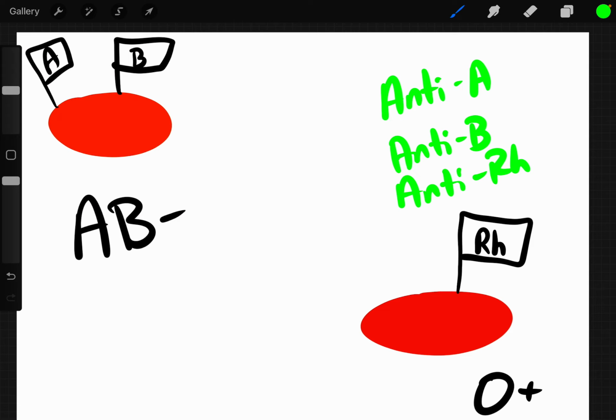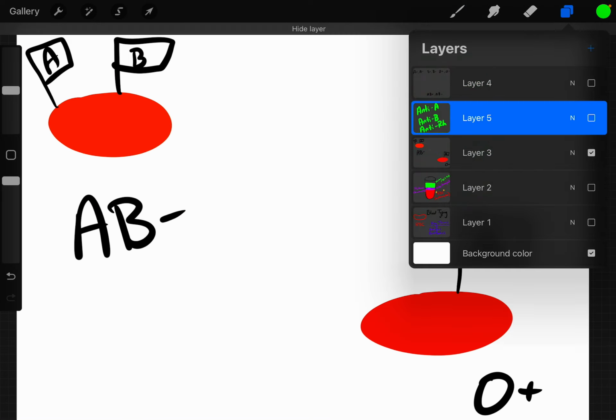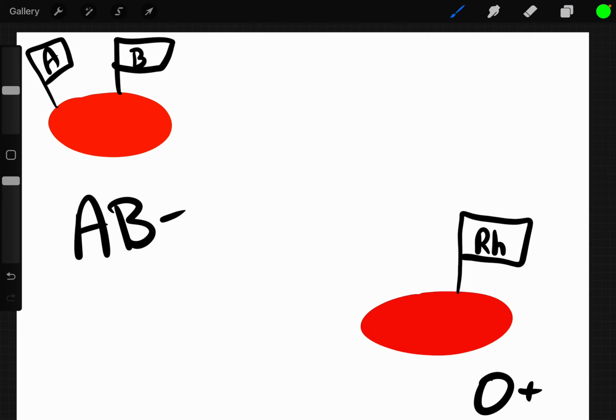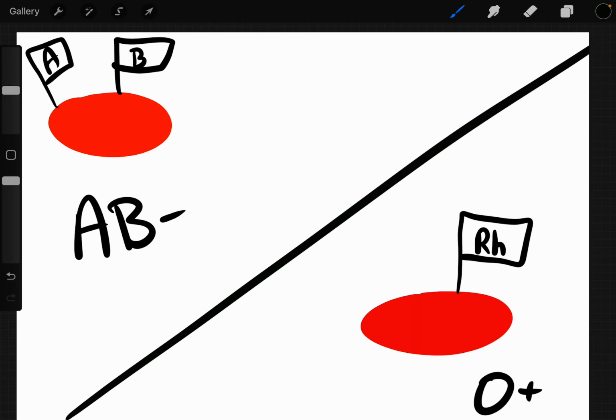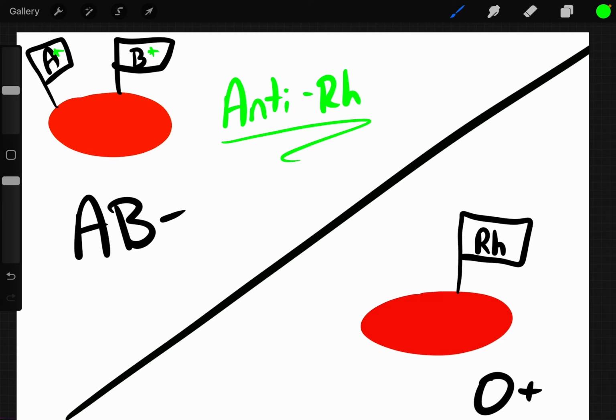Now we have to determine what antibodies are in AB negative blood. The way I'm going to show this is I'm going to split the screen here and draw the antibodies for each one. For AB negative, the only one is going to be anti-RH. You'll notice you have an A flag there, a B flag there. The only other option is RH, and there's not a flag for RH on AB negative blood, which means it's one of the antibodies.